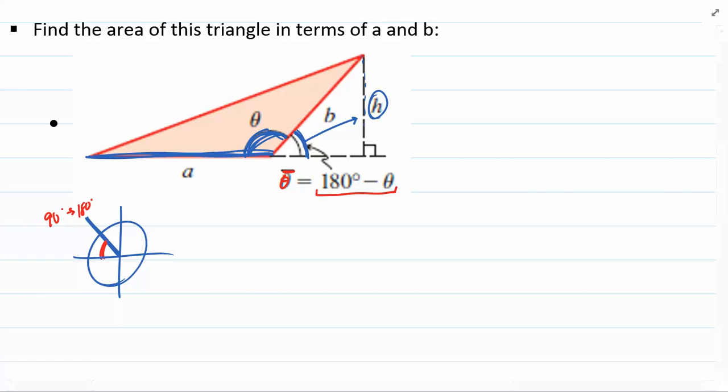So with that information, I'm going to set up another trig ratio in order to find the letter h. I know in this case that sine of 180 degrees minus our original theta is equal to the opposite side divided by b. Now here's one more interesting thing.